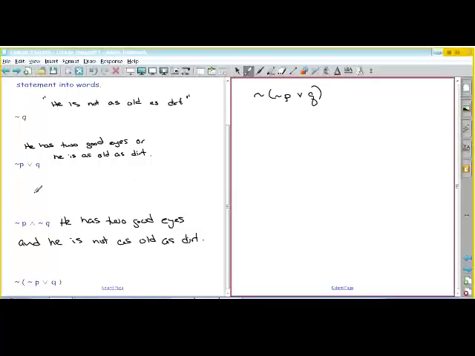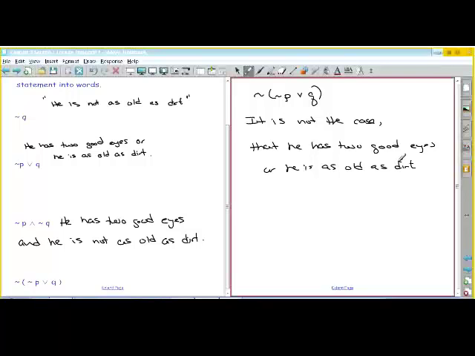So what you do in this case is, since we pretty much have the original statement, this additional negation would be, it is not the case. So the negation I'm just representing as not the case. And then I go back here to where I've already done this. It is not the case that he has two good eyes, or he is as old as dirt.